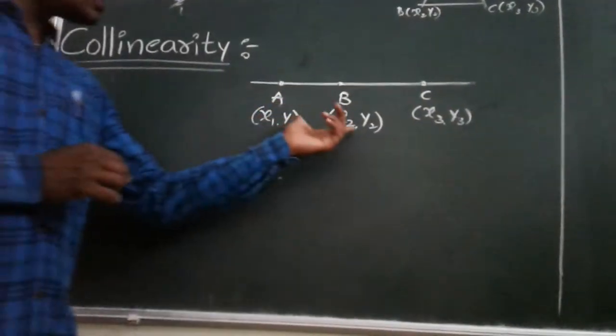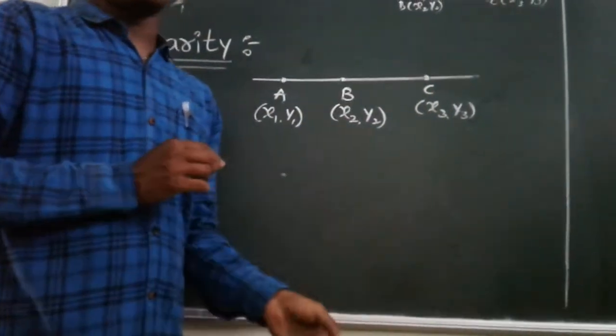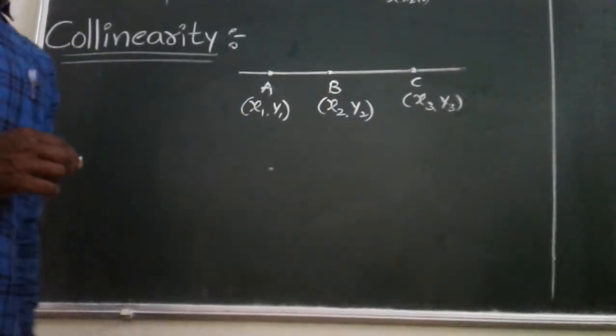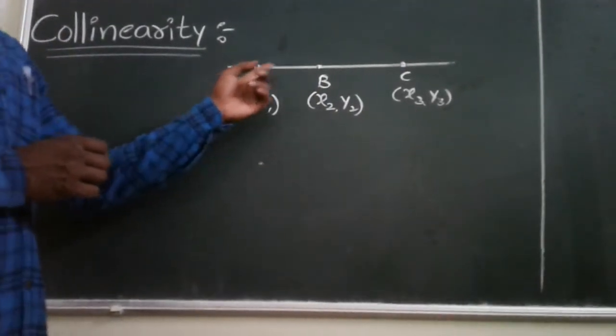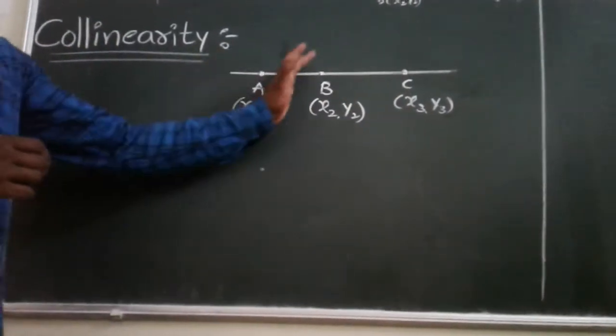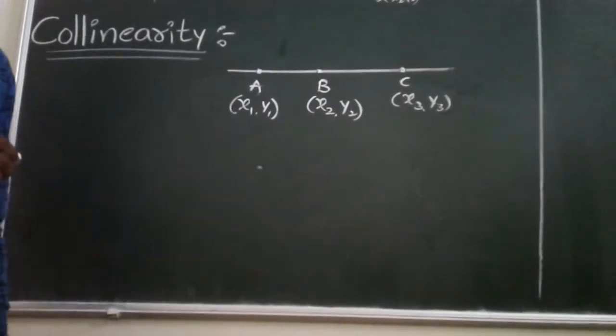These 3 points are lying on the same line, so we can say the 3 points A, B, C are collinear points, because they are lying on the same line.